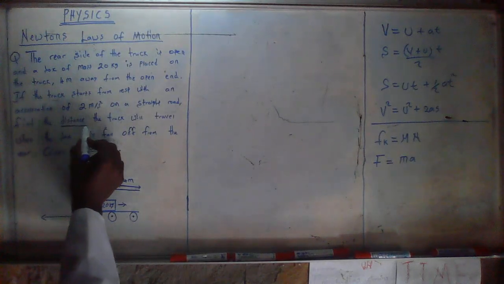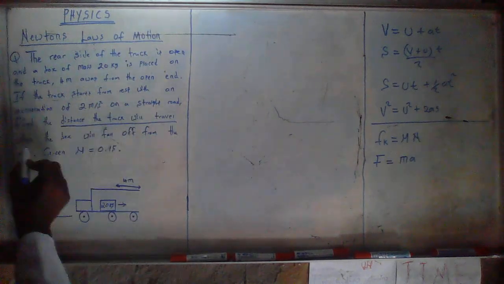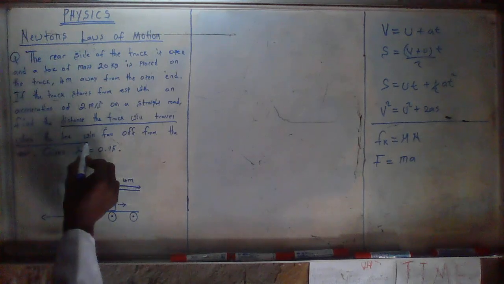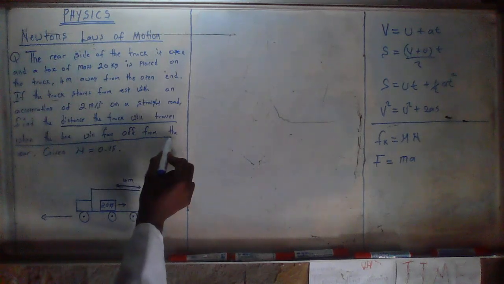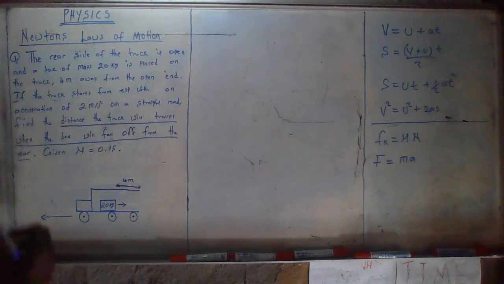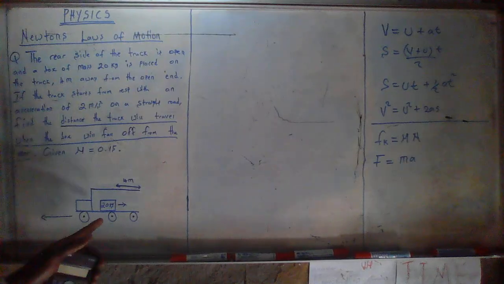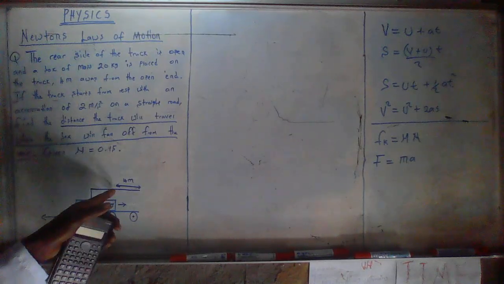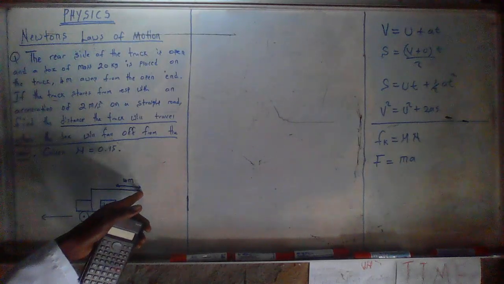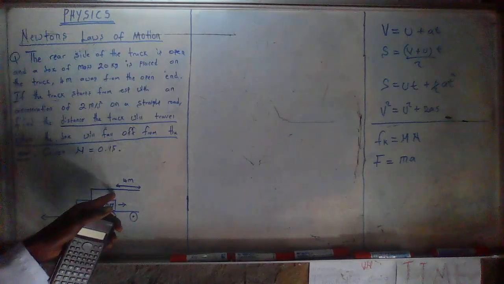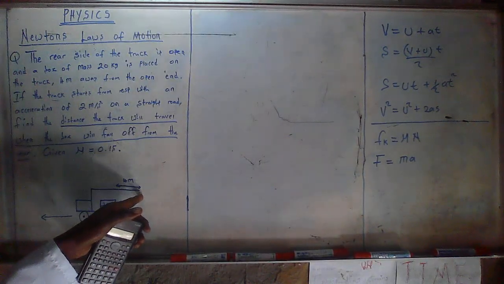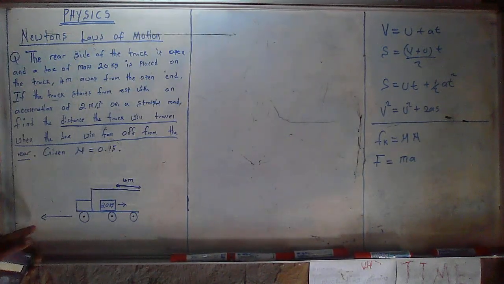The distance the track will travel when the box will fall off from the layer. So for this box to fall, it needs to travel this distance, right? Yes. So when this box is traveling this distance, the track will also be moving.